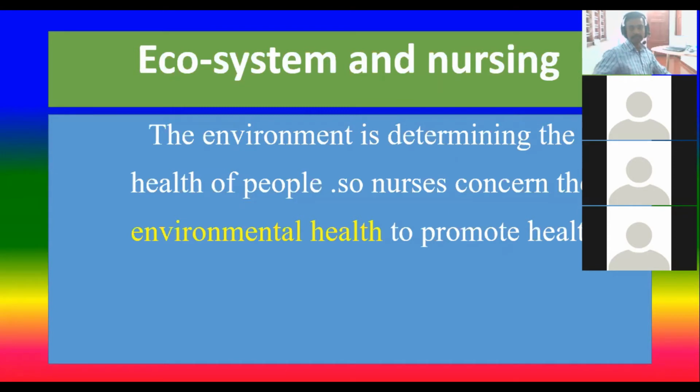The impact is sustainable development: the United Nations in 2015 set 17 sustainable development goals. So every profession should be based on the environment. Any act of a profession which damages the environment should be prohibited.